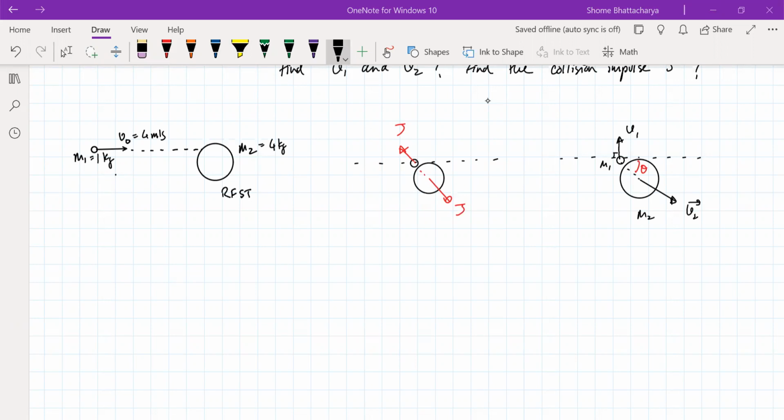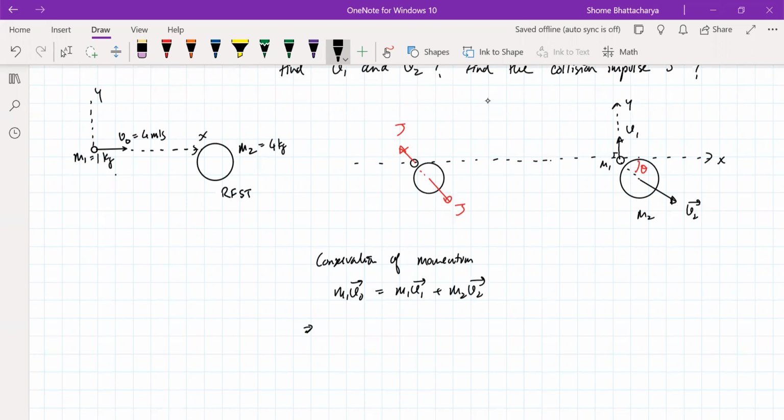So now if I take this direction as my x-axis, and therefore this as my y-axis. So you can see that momentum conservation for the system here will tell me that m1 v naught is equal to m1 v1 plus m2 v2.